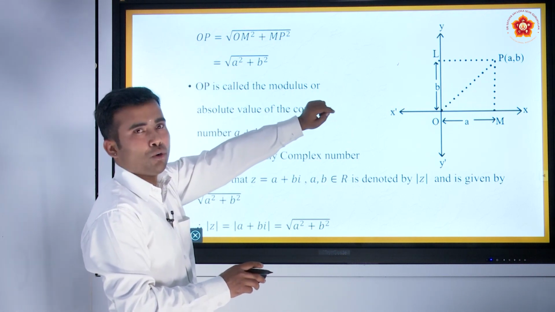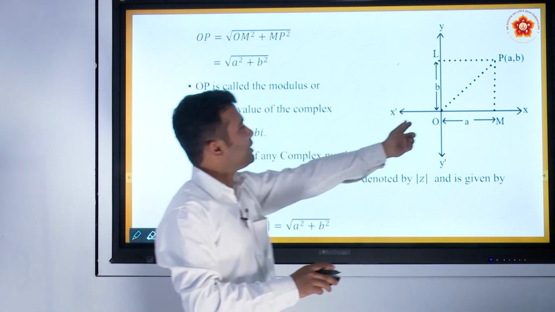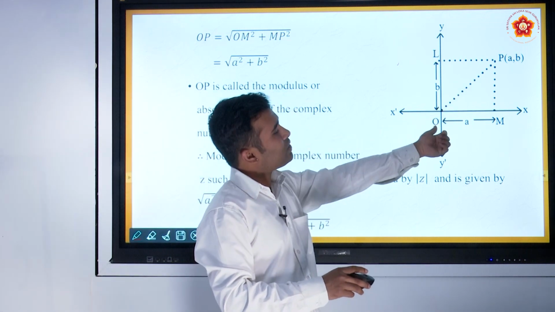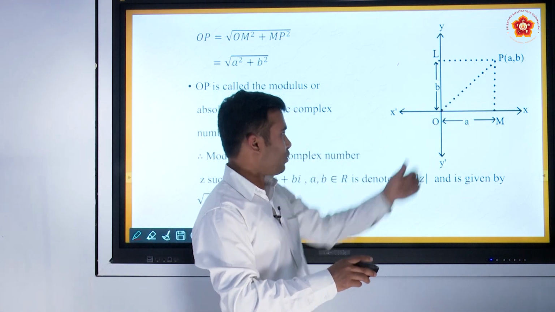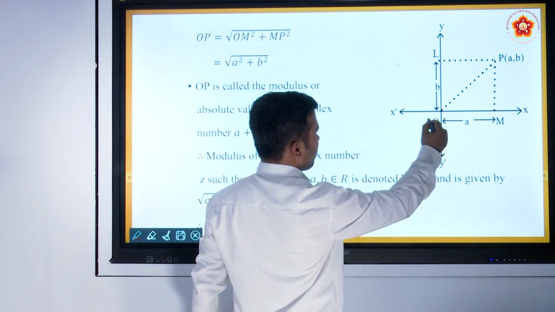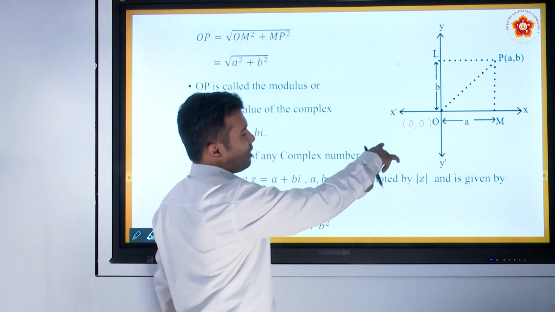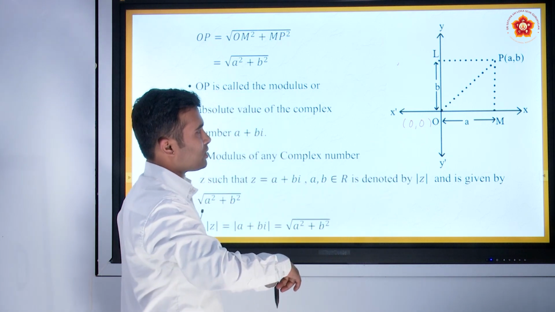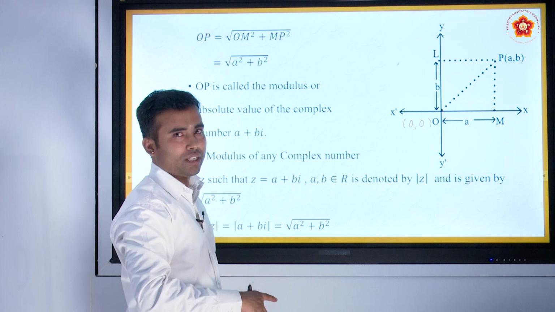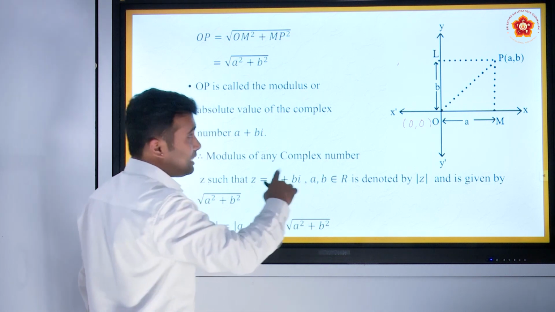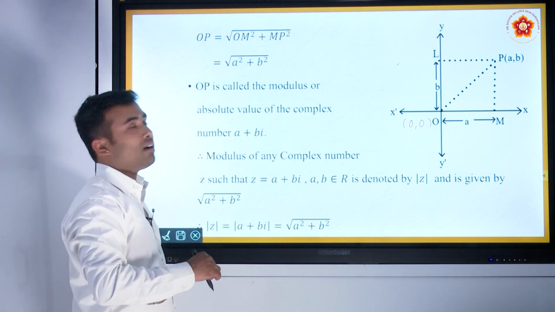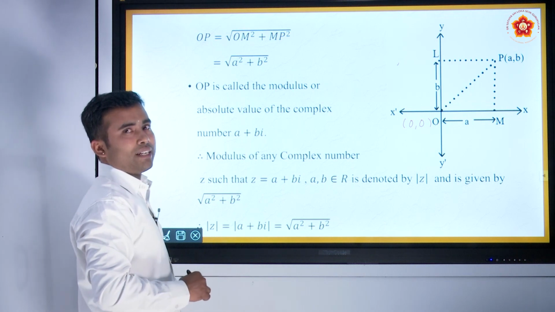How are you going to find OP? It is the distance between these two points. This is the origin, which has coordinates (0, 0), and this is the point P, and that distance can be found by using the distance formula.